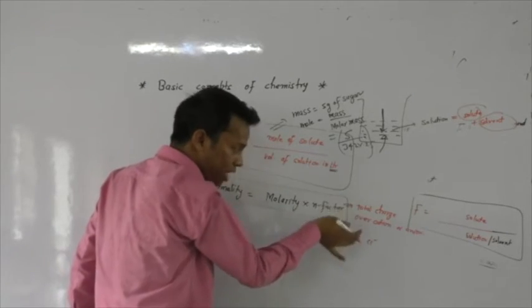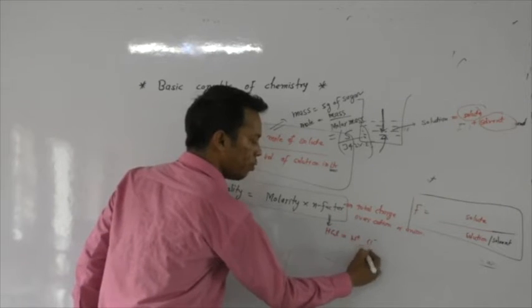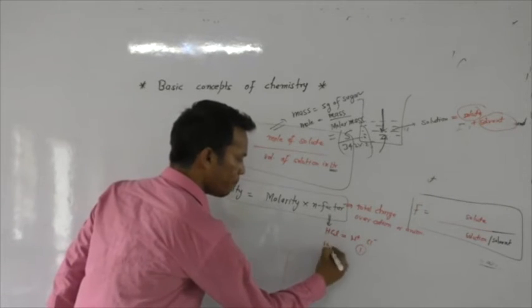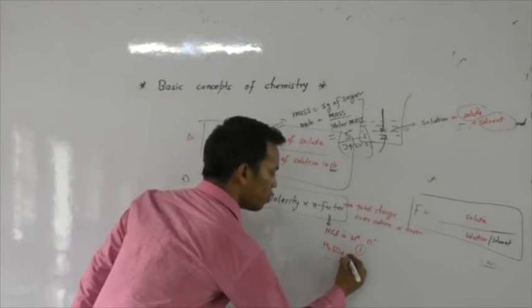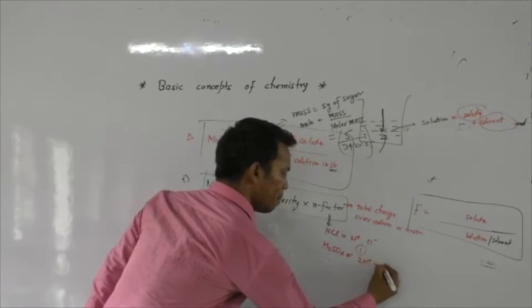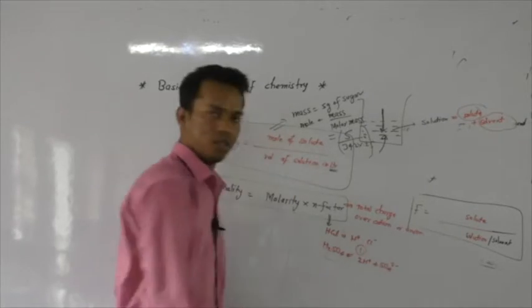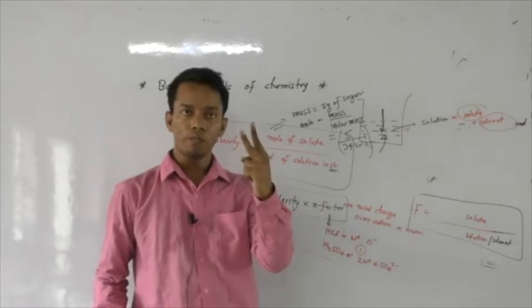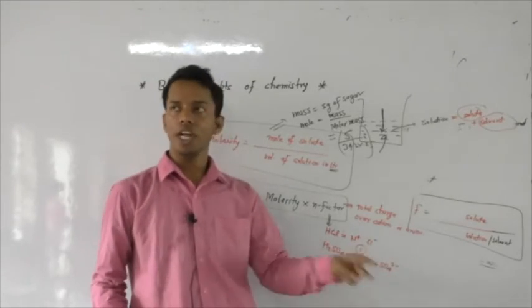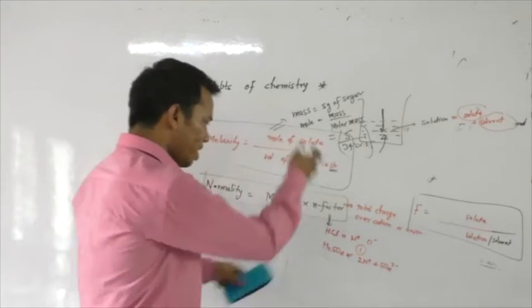So what is the total charge over cation? It is 1. So n factor is 1. H2SO4. You can see 2H plus and SO4 2 minus. So 2 plus charge means n factor is 2. Or 2 minus charge means n factor is 2.